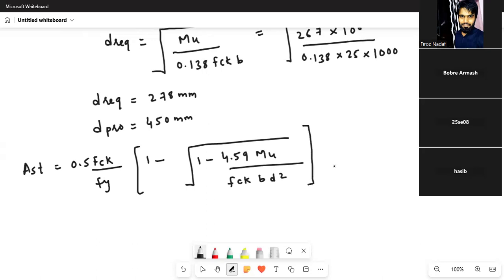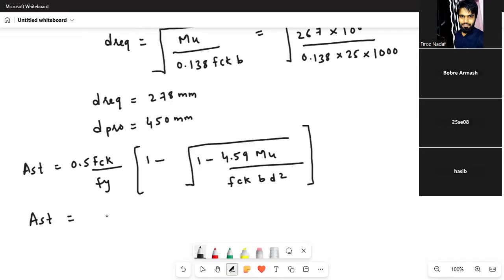So this formula you have already learned in TRCF, in LSM, in your DDRCF, and even in your ADRCF. So you are very much aware of this formula. So we will use this formula to find the area of reinforcement required in the bridge. Our bridge is an RCC bridge and we need to find the steel for the RCC bridge.